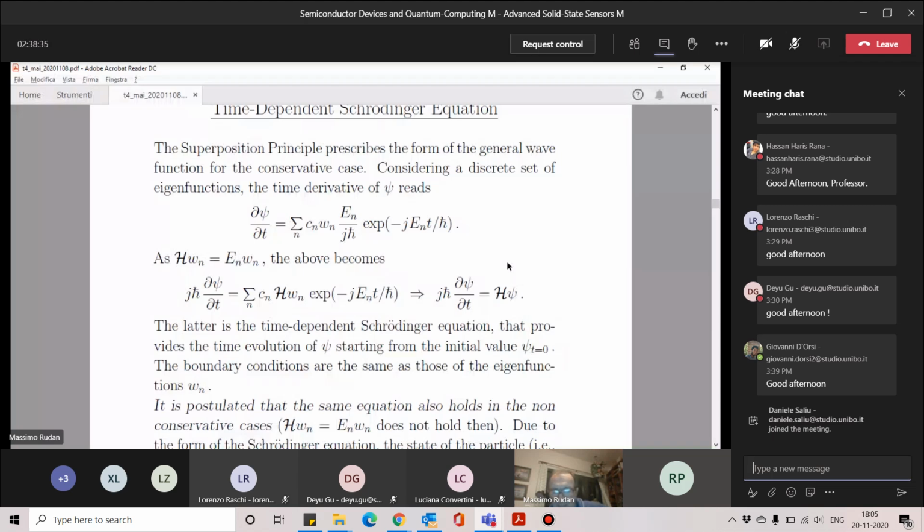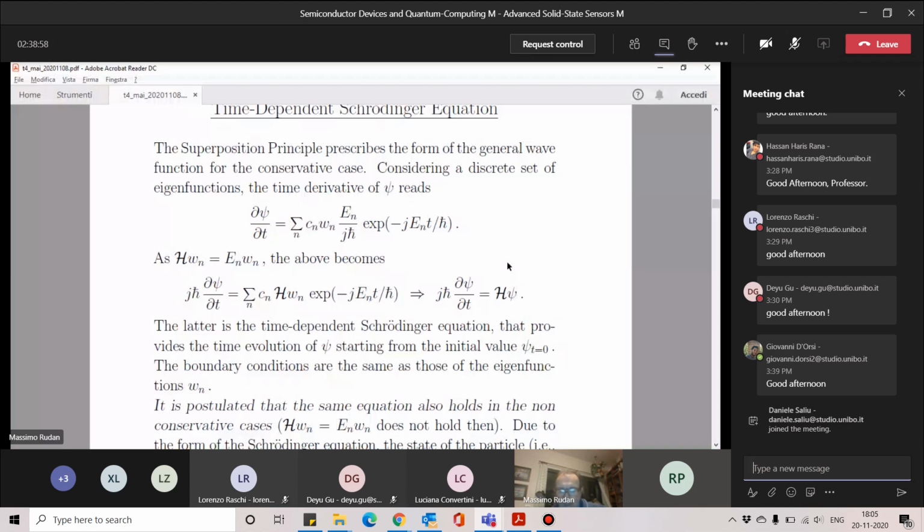So if that happens, the time-independent Schrödinger equation does not exist anymore in the non-conservative case, okay? That equation disappears, okay? So how should we deal with the non-conservative cases?